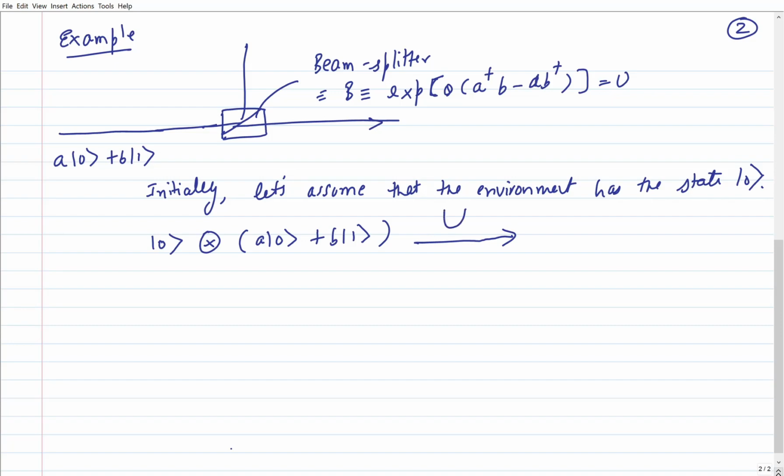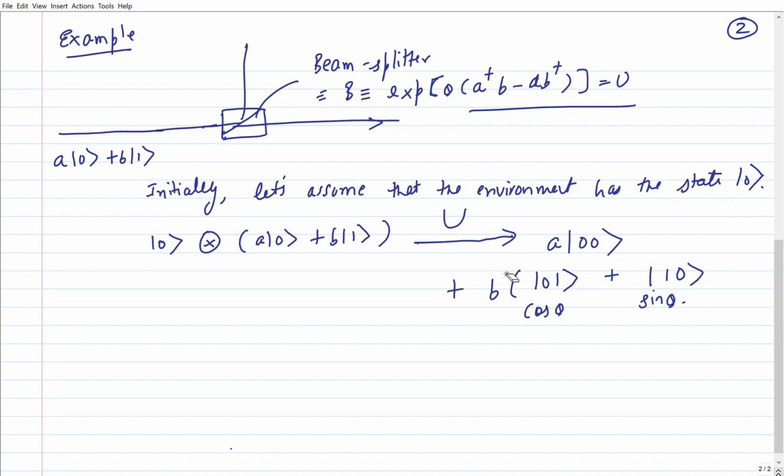It can be shown upon the application of U, in fact, do this and convince yourself, I get this guy plus cosine theta times sine theta. So let me just write it as this guy.